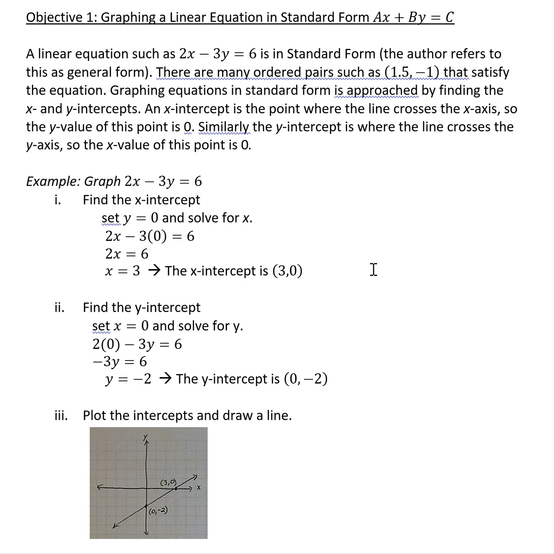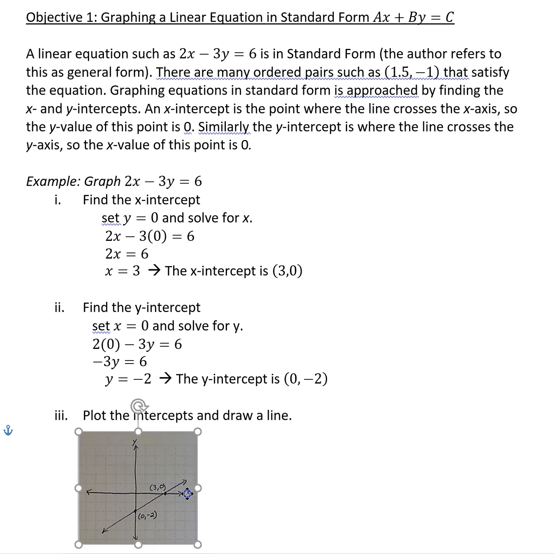An x-intercept is the point where the line crosses the x-axis. So if we take a look at the example down below, we can see that the line crosses the x-axis at 3, 0. That's the x-intercept. Similarly, the y-intercept is where the line crosses the y-axis.